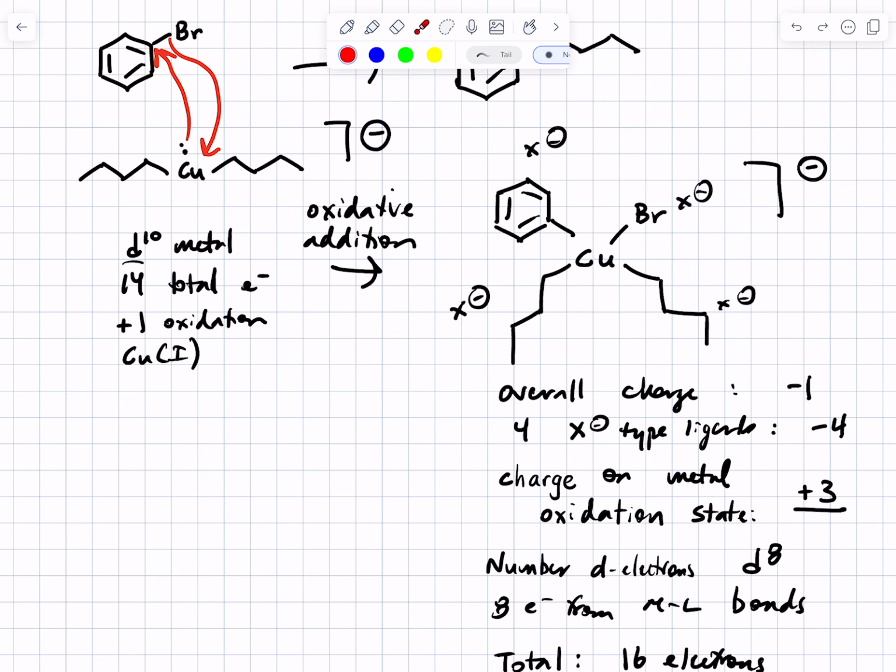What happened? Where did those electrons go? It was these electrons. They came from copper and they made a new copper-ligand bond. And as soon as that happened, we counted those electrons as belonging to the ligand.